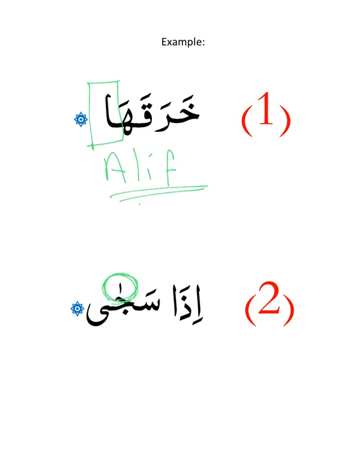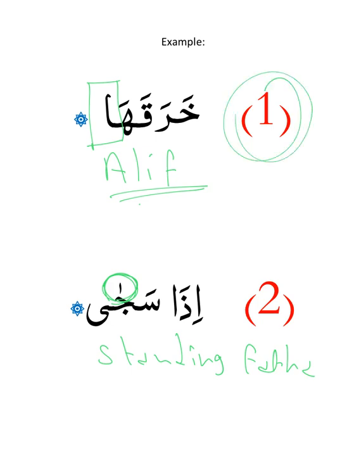This is a standing fatha. Okay, it's a standing fatha. So number 1 shows us a word ending with an alif, and number 2 shows us a word ending with a standing fatha.